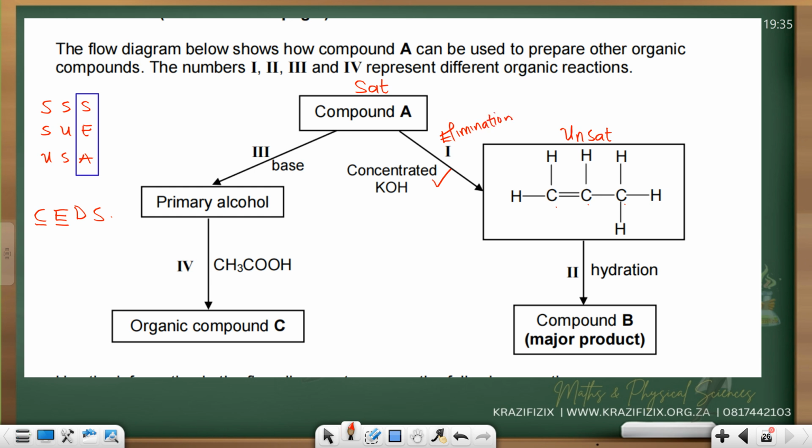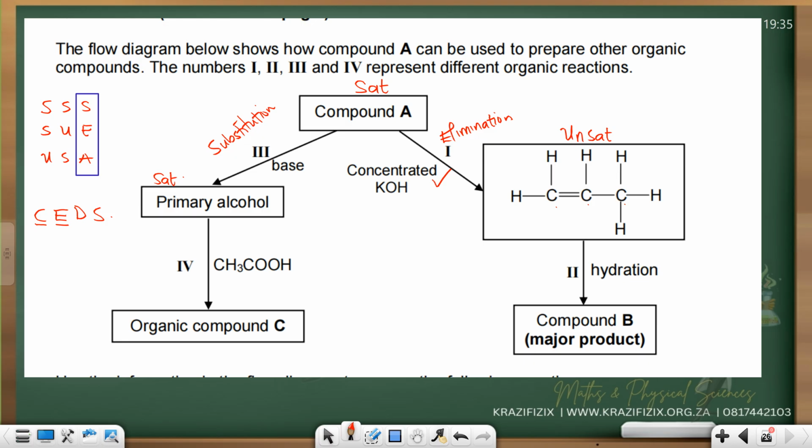I hope you see that my acronyms are now making sense. Now you are forced to go learn it. All right? Number 2, what is an alcohol? An alcohol is also saturated. So what type of reaction is number 3 rather? Number 3 is a substitution reaction.